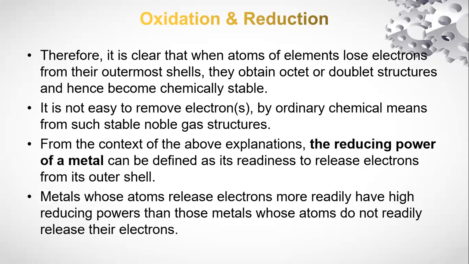Therefore, it is clear that when the atoms of elements lose electrons from their outermost shells, they obtain the octet or duplet structures, and hence they become chemically stable.